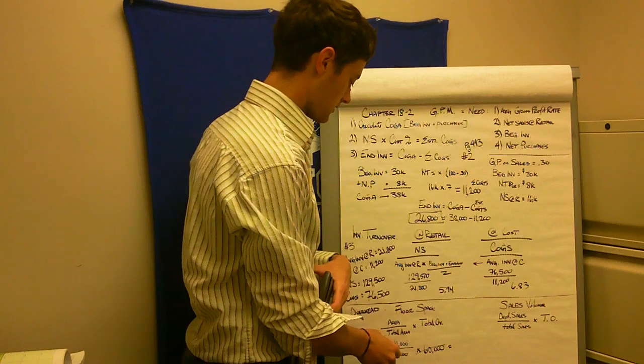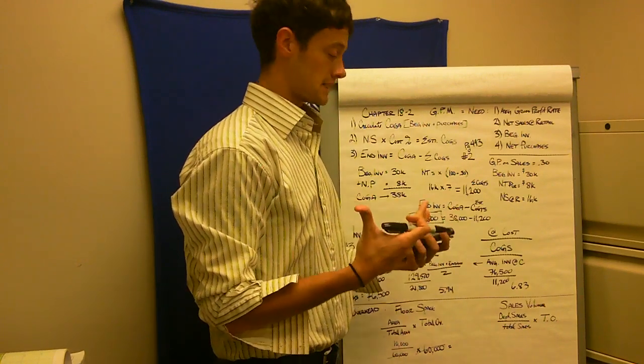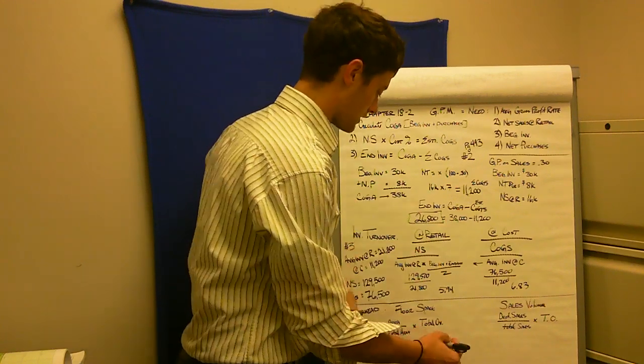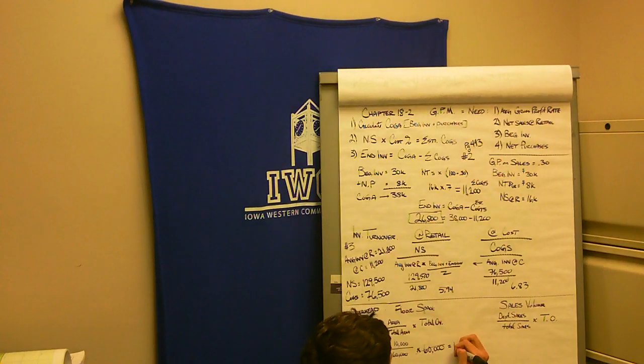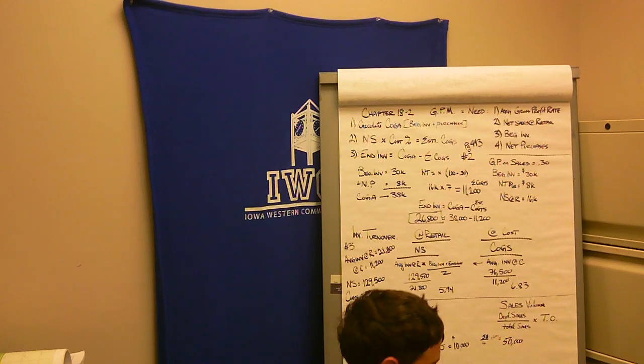So 10,000 over 60,000, because 50 plus 10 is 60, so the whole building is 60,000. These can cross out, and so Department A has $10,000 of overhead. If I did it the other way, it'd be 50 over 60, so 5/6 times 60,000, which equals $50,000. So it's relatively simple.